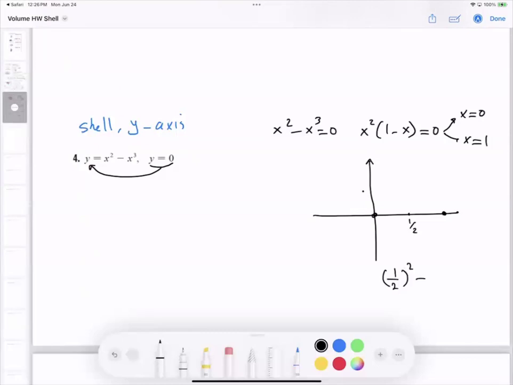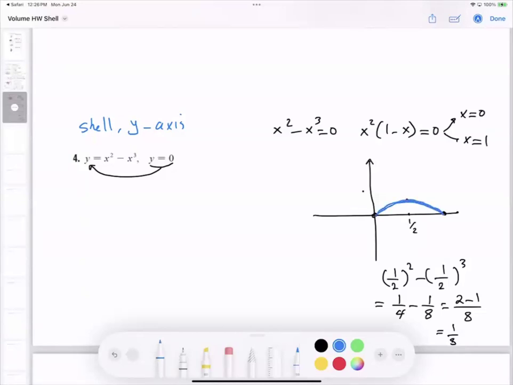A half to the second minus a half to the third. I get a fourth minus 1/8. And if you take a common denominator, you get 2 minus 1 divided by 8, or 1/8. So my graph at a half should have 1/8. So this is the behavior of this object that you're seeing, approximately.